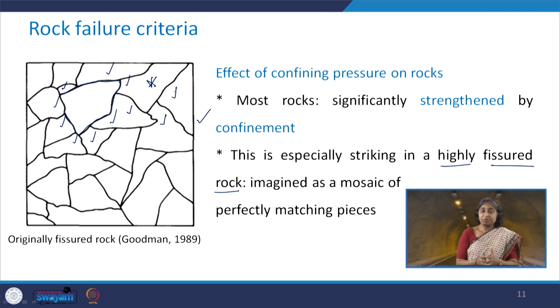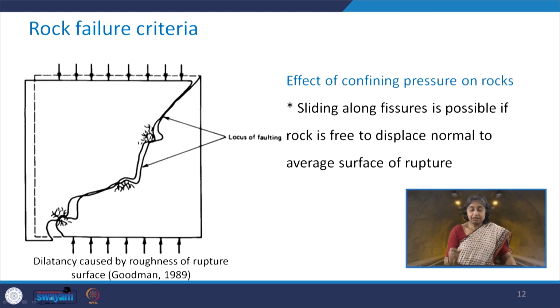perfectly matching pieces. Now, how will the deformation take place, how is the failure going to happen, let us take a look. For this rock to fail, there has to be some dilation, some displacement, deformation along the rupture surface.